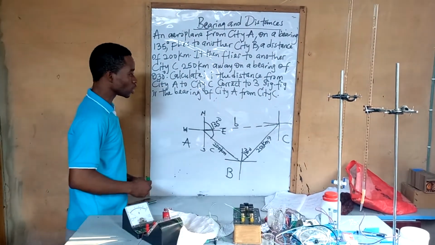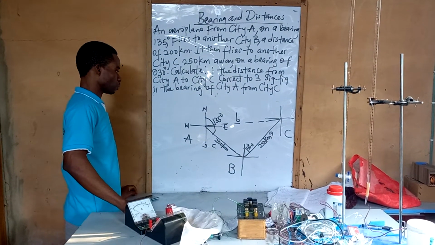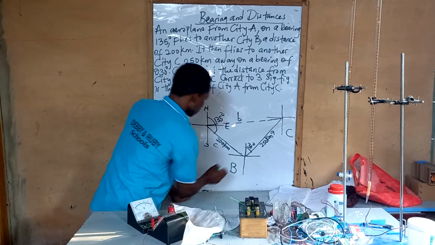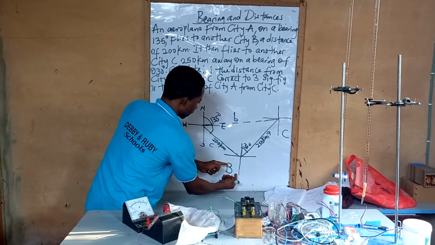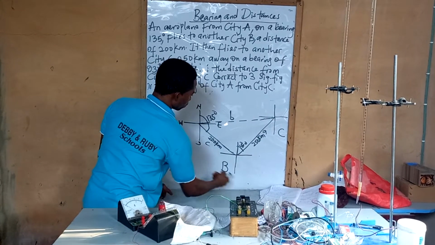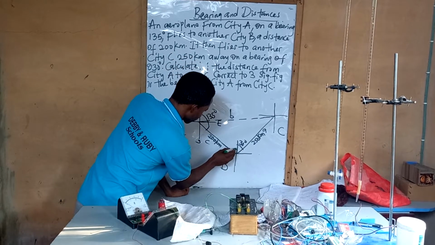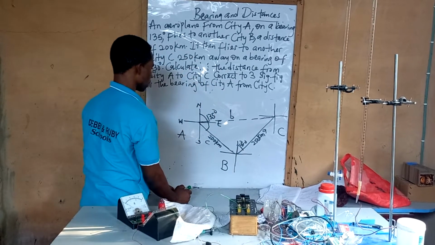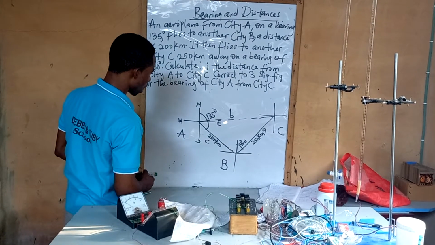Now, I told you, how will you know this type of triangle that is here? Since this place is 30, and this is the quarter, this is the center, this is a place that joins these two cities together. So this is where we are locating the angles. This is 30. How will I know what is here? To know what kind of triangle this is, I told you about the alternate angle.